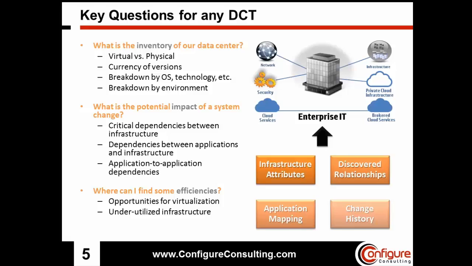Sometimes these breakdown analytics can help us identify opportunities for virtualization and help us consolidate or streamline underutilized infrastructure. So these are some of the key questions that are asked quite often during a data center transformation, but importantly, should be asked during the course of day-to-day business if we're trying to have good visibility and operate as efficiently as possible.